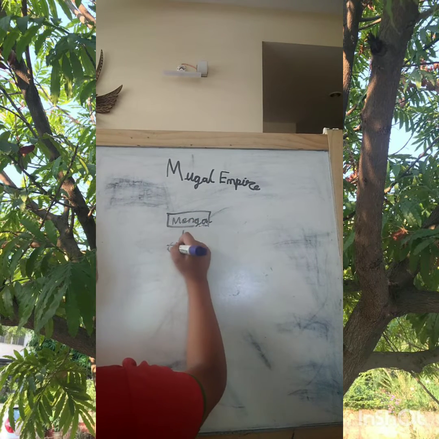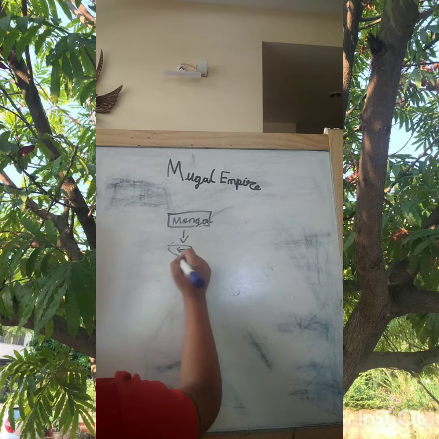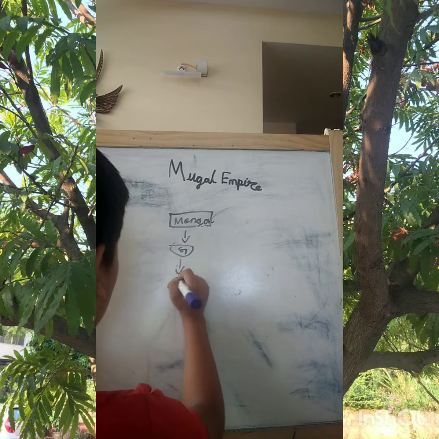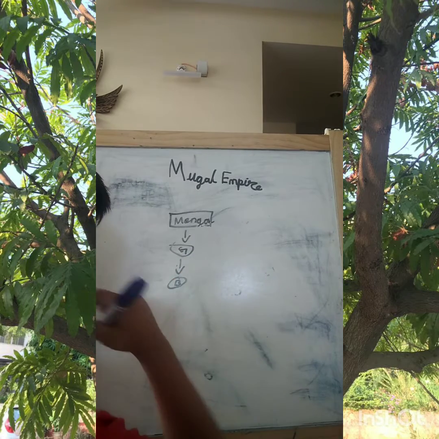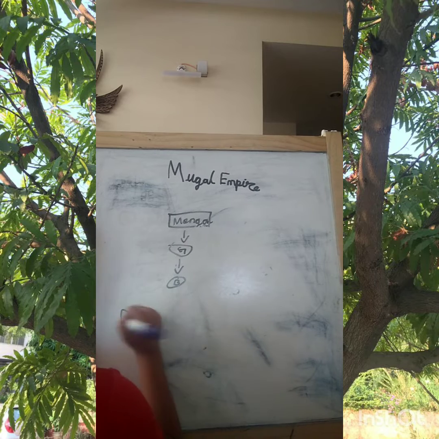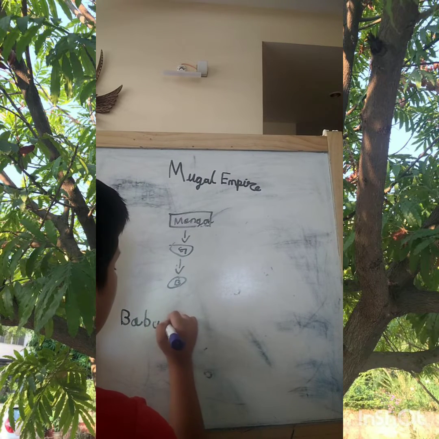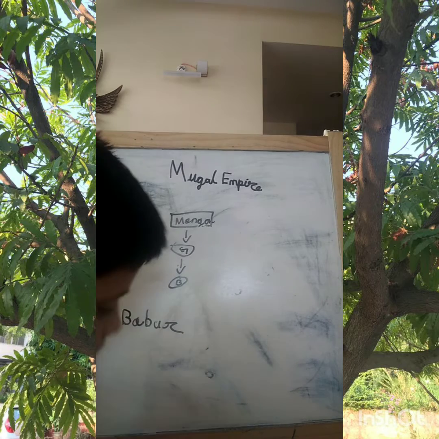Well, let's call him G, okay? And in Genghis Khan is Babur. Let's call him B. Well, you might be asking, what is Babur's spelling? Well, you might think it's very different, but it's B-A-B-U-R. Babur.